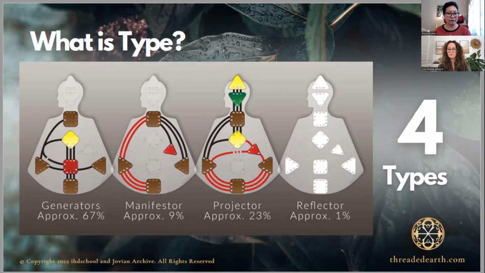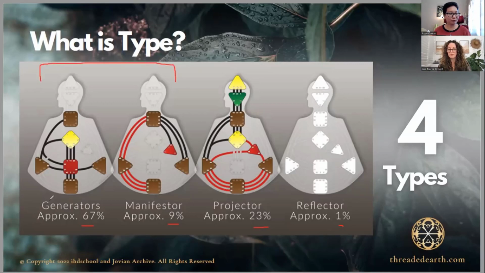So here we have the 4 types, and you can see there's a percentage to show you how each type represents the population in the world. And we're going to go to these 2 energy types first.